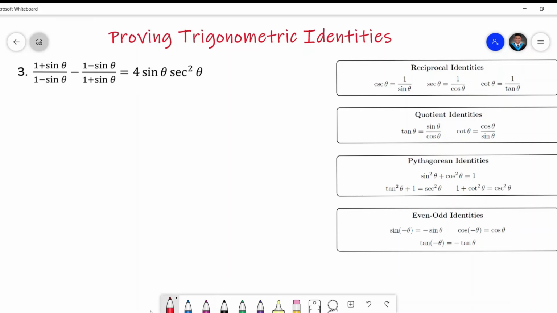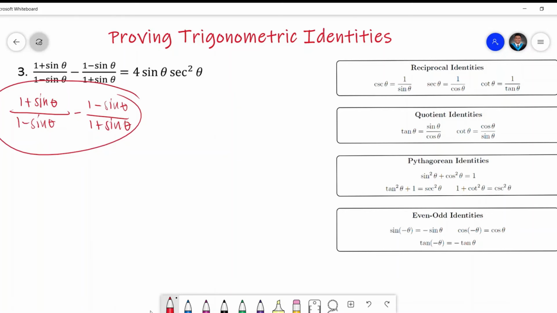In this case, it is obvious that the left side is more complicated than the right side. So that means we start with 1 plus sine theta over 1 minus sine theta minus 1 minus sine theta over 1 plus sine theta. So we are going to simplify this one and see to it that we prove that this side of the equation is equal to the right side.